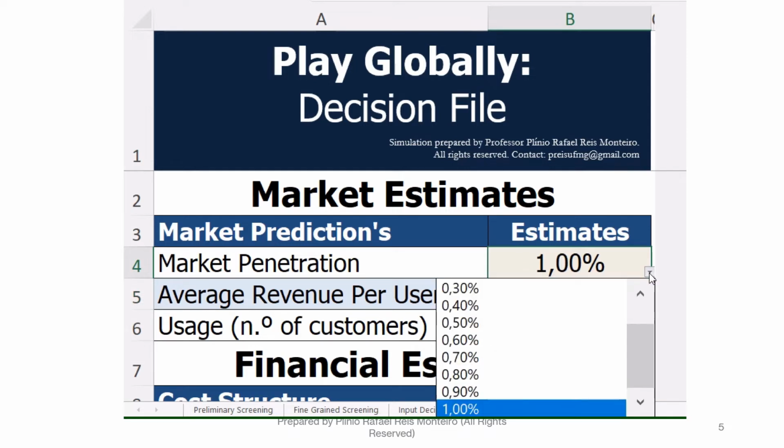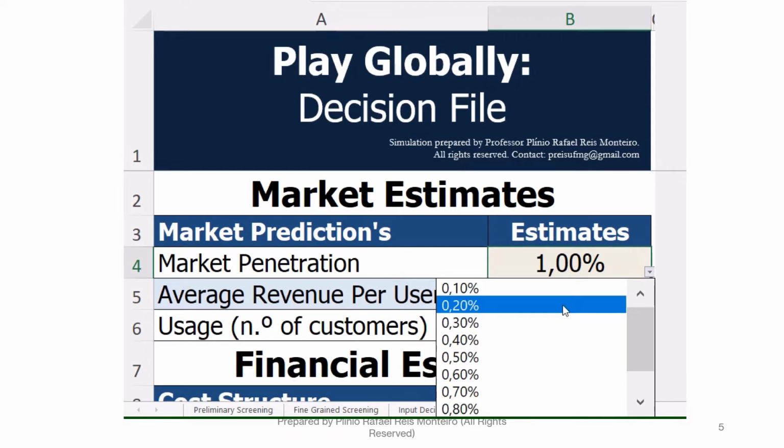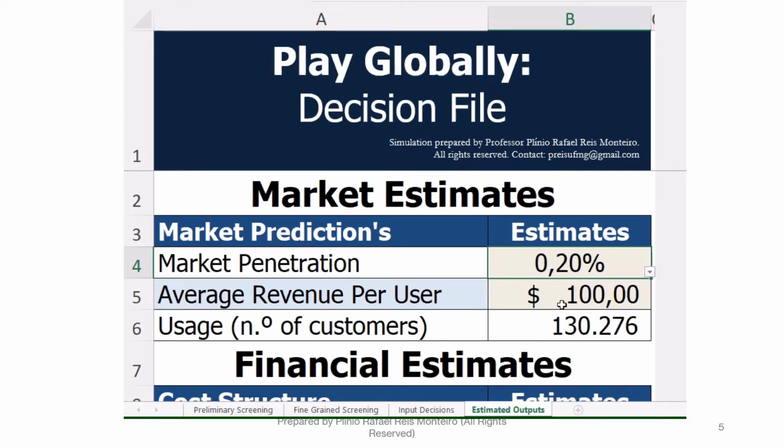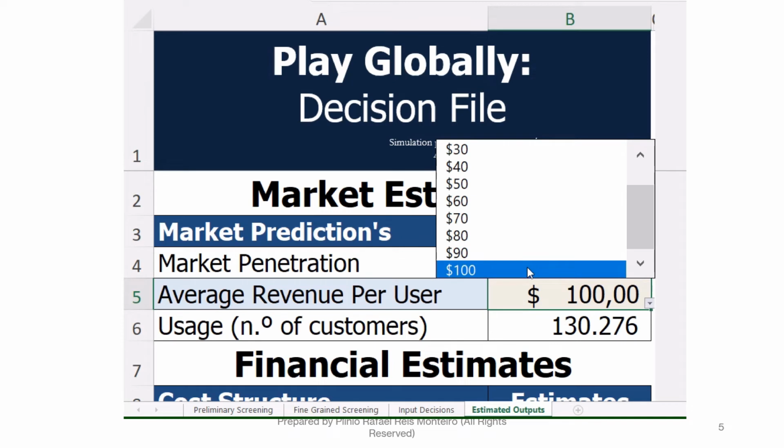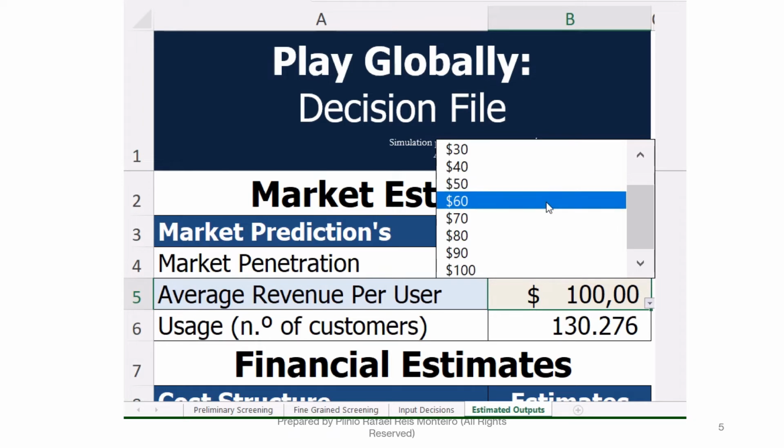For instance, I may believe that I can achieve like 20% of what I'm achieving in France in the first year in the target market. This will lead me to 0.2% of market penetration. And since now my customers are spending something like $100 per year, I may believe that since we have a similar country, I can achieve something like 60.